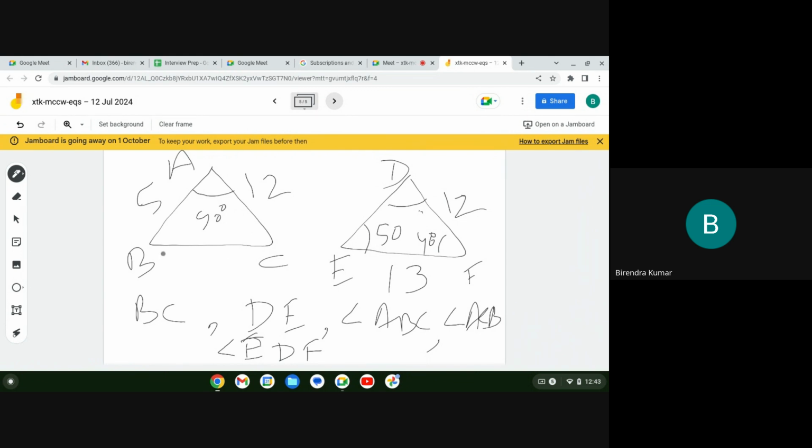We want to find out the length of this side, the length of this side, and the three angles. Do you want to give it a try?